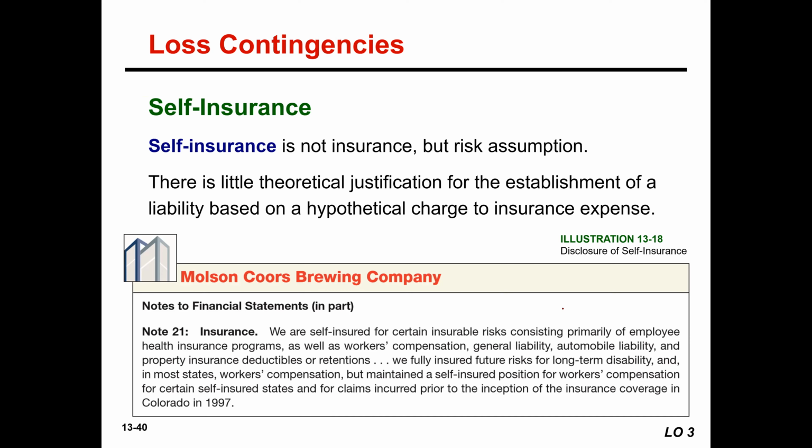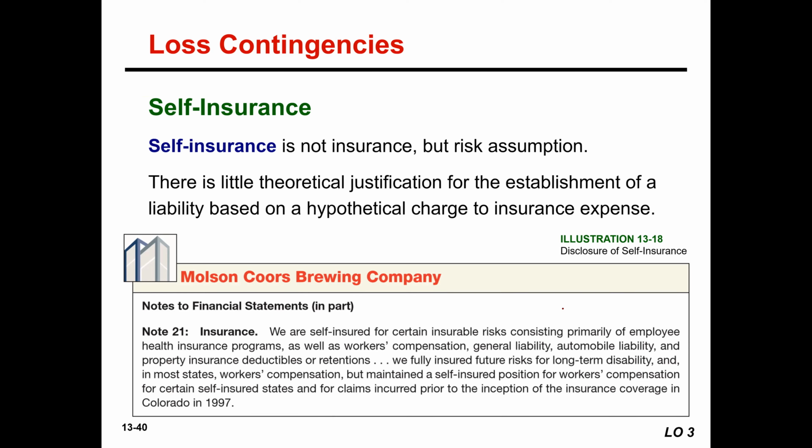And just like it shows here, this might be disclosed in the financial statements. In this one, it says we are self-insured for certain insurable risks consisting primarily of employee health insurance programs, as well as workers' compensation, general liability, automobile liability, and property insurance deductibles or retentions.